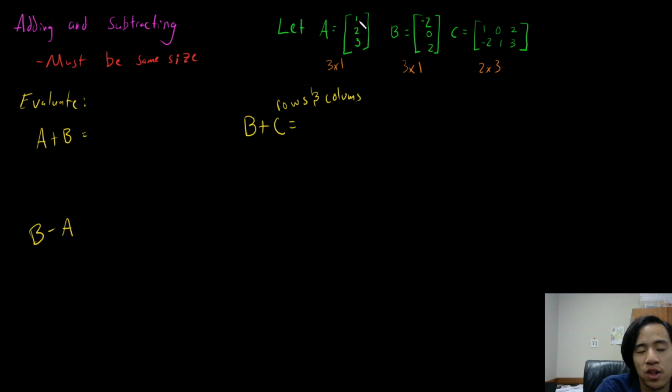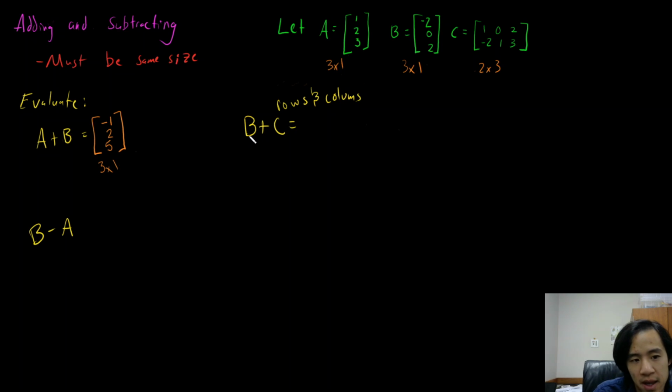So you're going to add each element to the corresponding element of the other matrix. So in this case, for A plus B, we will have something like 1 plus -2, that is -1. 2 plus 0, that's 2. And then 3 plus 2, that's 5. So your resulting matrix will also be the same size as the 2 matrices that you're adding.